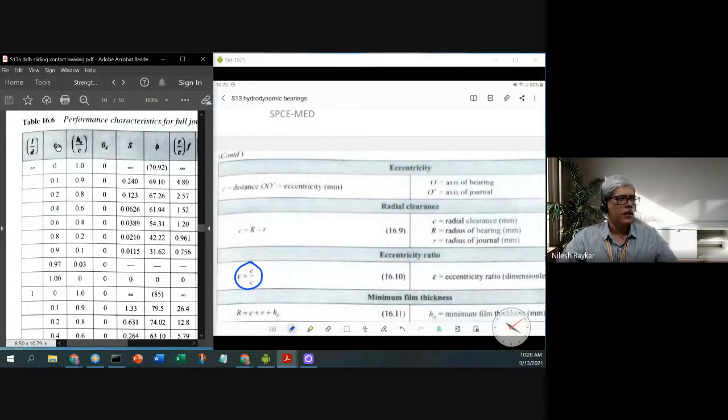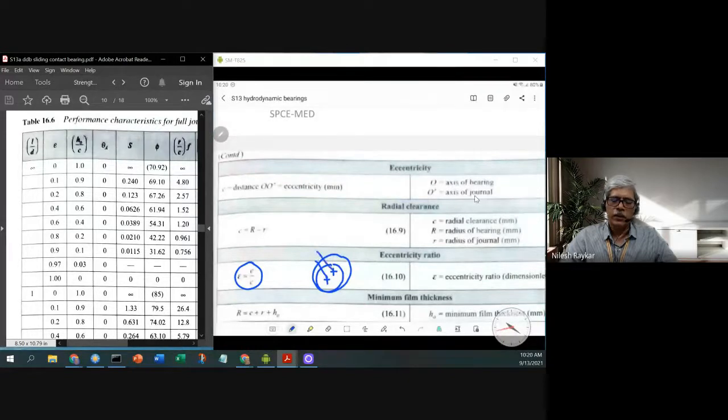At this time, we'll just look at the different parameters, known as performance parameters for the bearing, or the solution parameters for the bearings. The first parameter is the eccentricity ratio. It is defined as the eccentricity divided by C. Eccentricity is, if this is the sleeve center and this is the exaggerated shaft center, the distance between them, the eccentricity E. That is divided by the clearance, the radial clearance between the two.